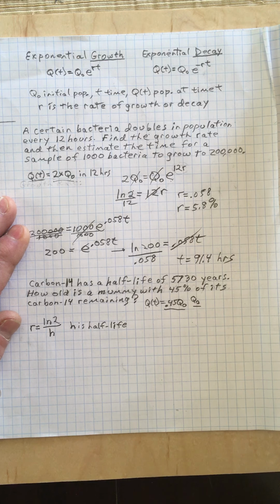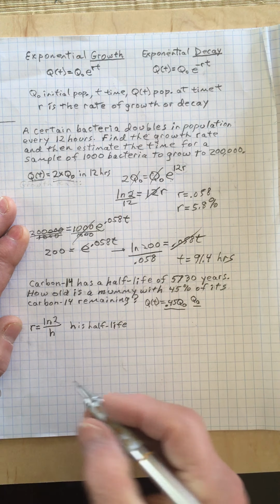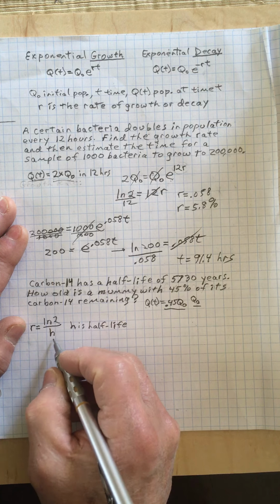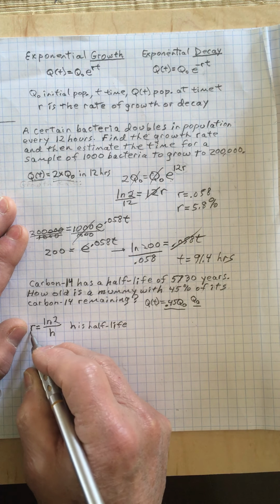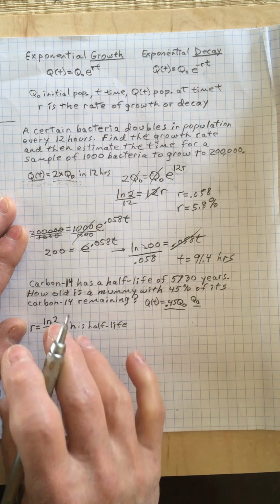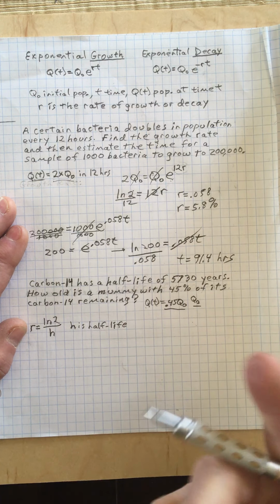radioactive decay, we have this half-life formula here. What you do is you put the half-life here and you divide ln2 by the half-life, and that gives you the rate for that radioactive decay. So that's how you get the rate. Then we'll be able to solve this because we'll only have t missing.